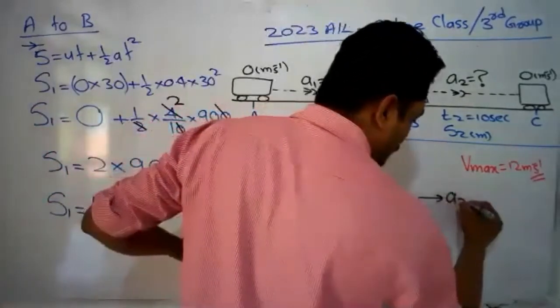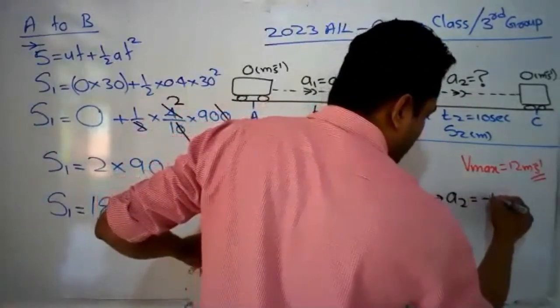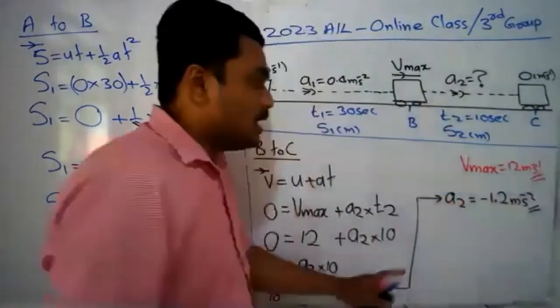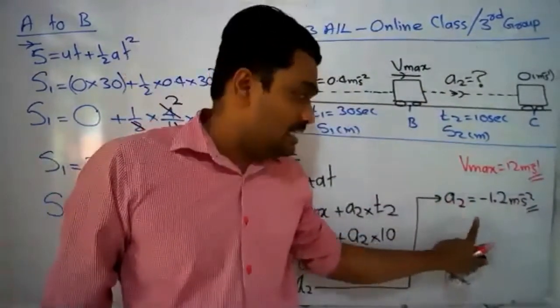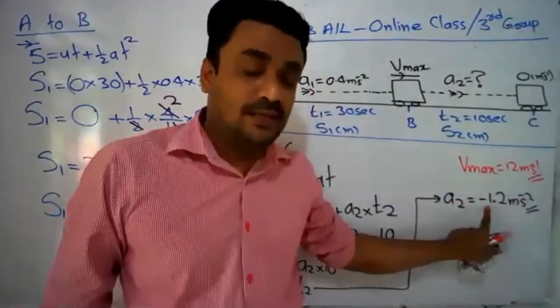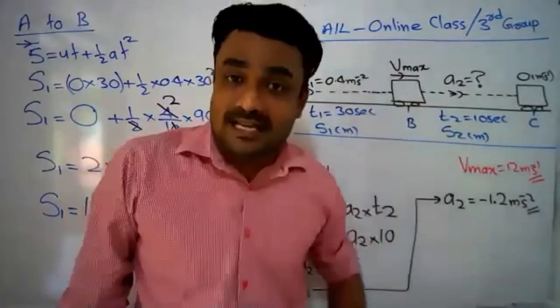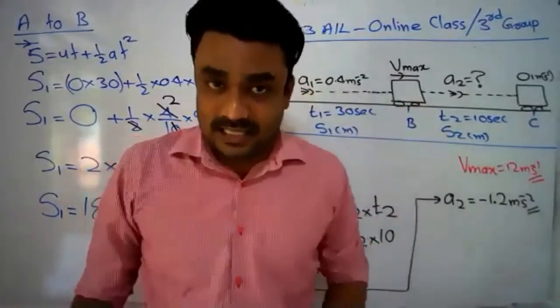So A2 equals minus 1.2 meters per second squared. The minus value of the A2 acceleration indicates that it's not an acceleration, but a deceleration.